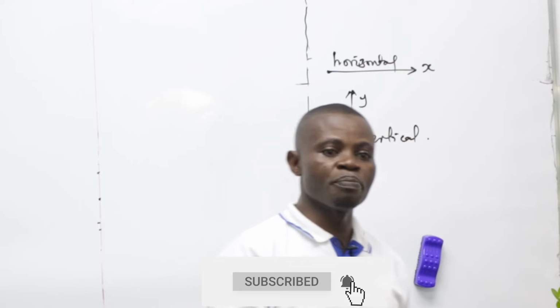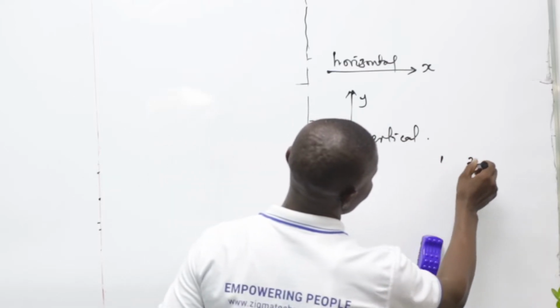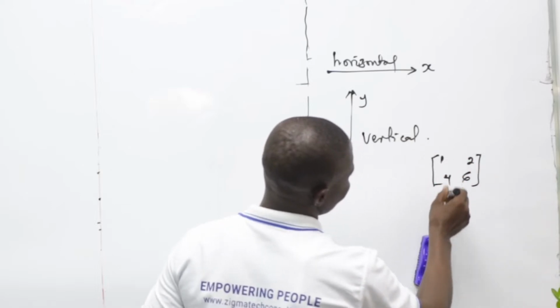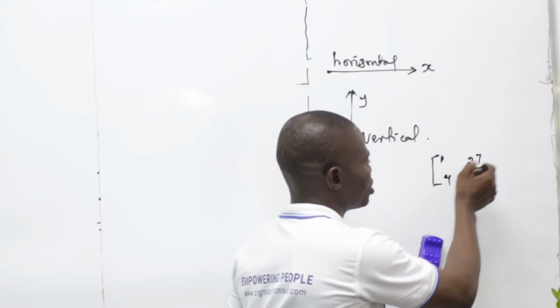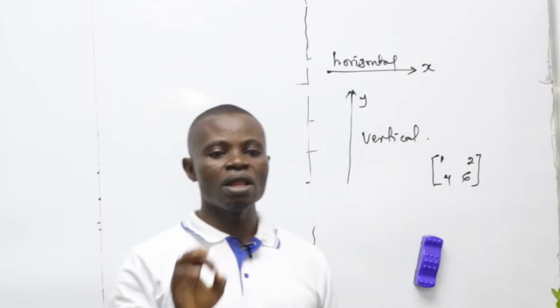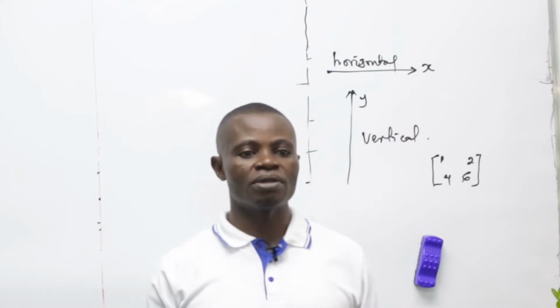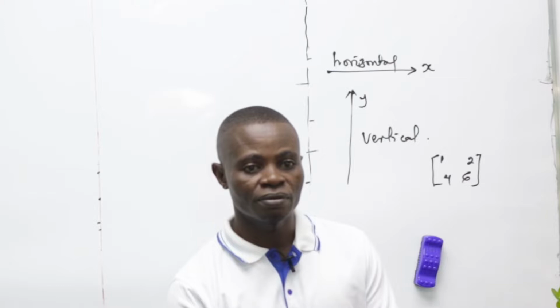So whenever you place numbers in rows, 1, 2, 4, 6, this is just a matrix. If you watch this, when we join it together, you see that it will form a rectangle. That's why we say it's a rectangular array in which numbers or variables or elements are arranged in rows and columns.